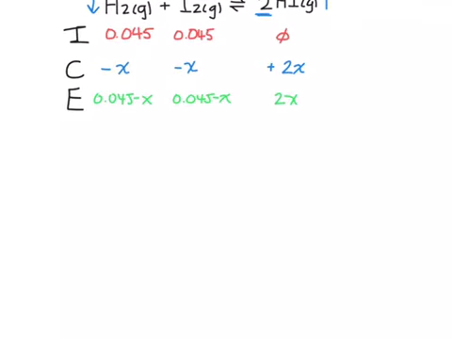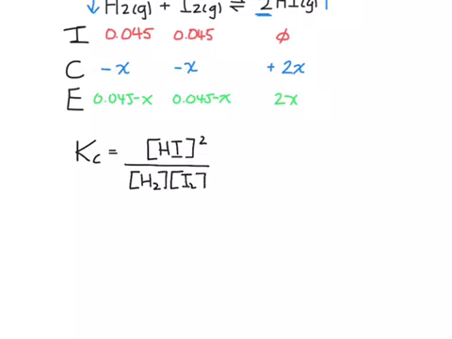So we can set this up into our equilibrium expression. So Kc equals the concentration of our product, so hydrogen iodide raised to its coefficient, over the concentration of our reactants. Okay, and we can plug in the numbers we know. So we know that Kc is 50.2, and over here we'll have 2x all squared for hydrogen iodide.